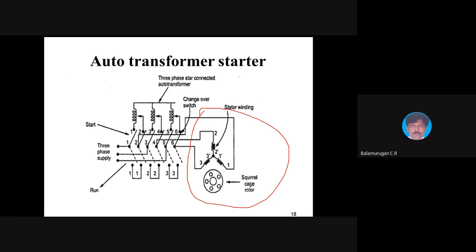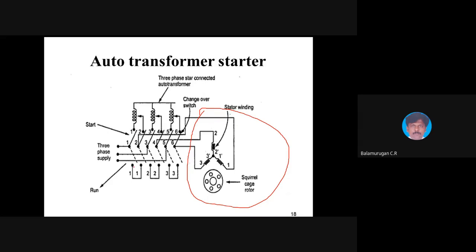In the lower side, 1 and 2 are short circuited, 3 and 4 are short circuited, and 5 and 6 are short circuited. If the switch is connected to the upper side, it is the start position. If it is connected to the lower side, we call this the run position.